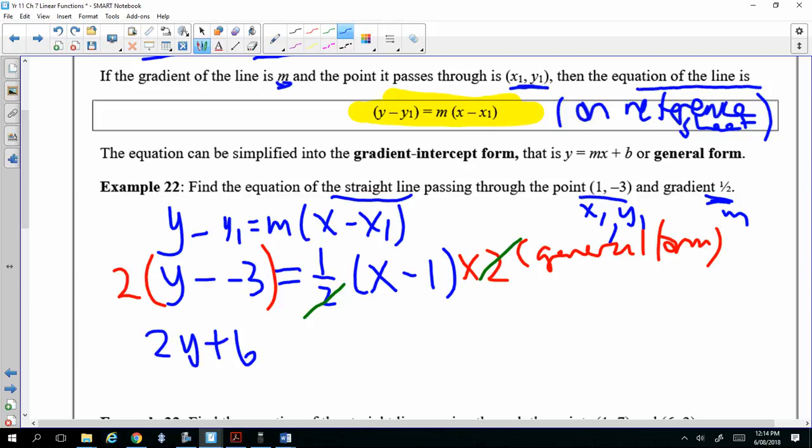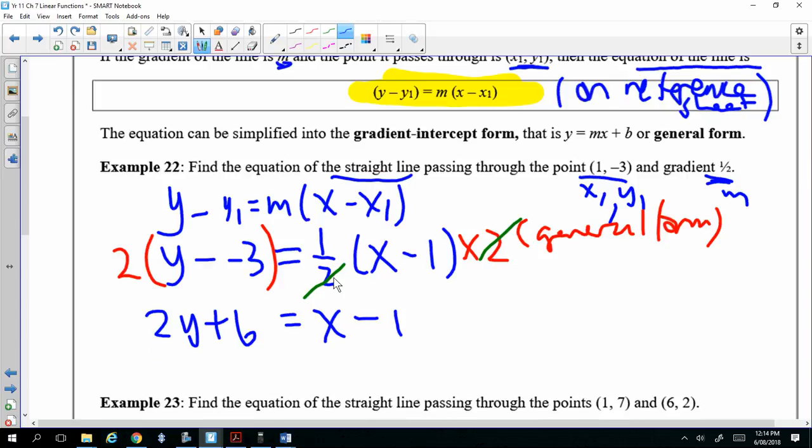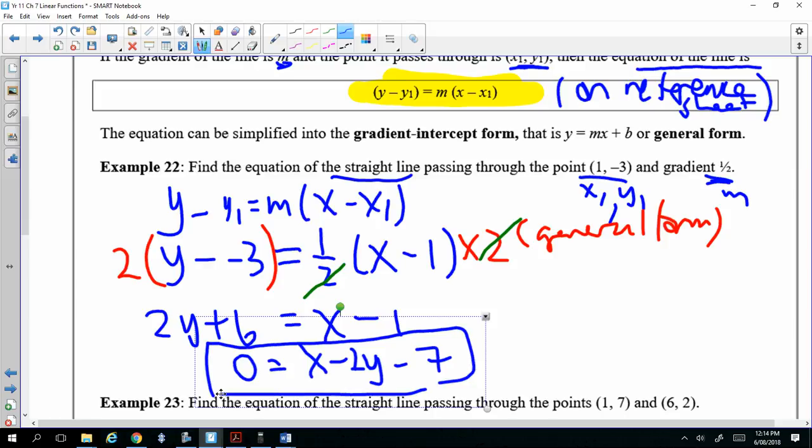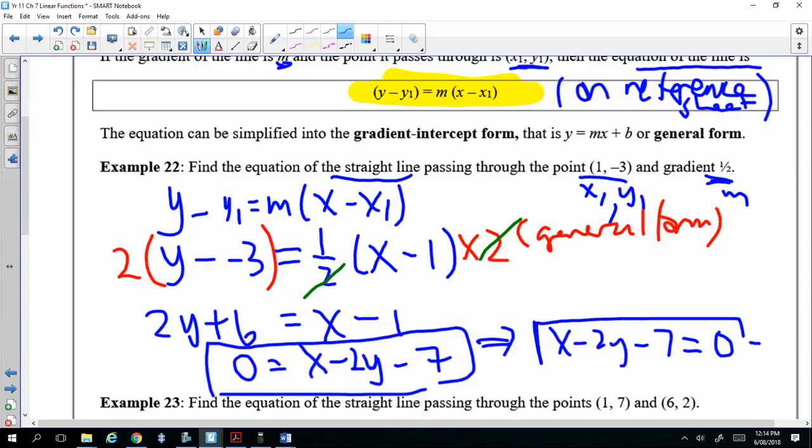To put in general form, let's move all terms to the right side: x minus 2y minus 7. That's your equation in general form. Usually we have the 0 on the right, so you should write that as x minus 2y minus 7 equal to 0. We don't want anything on the right side; it should be made 0.